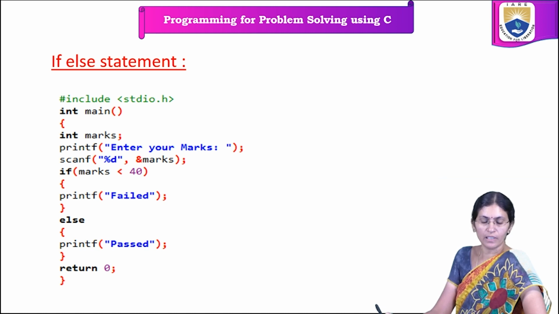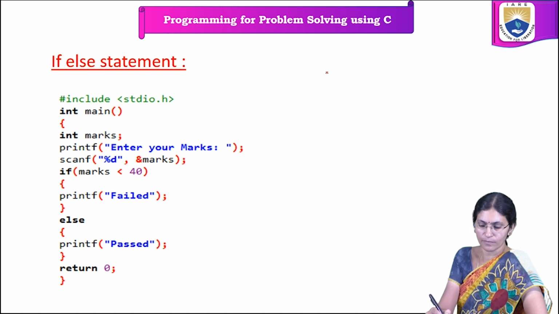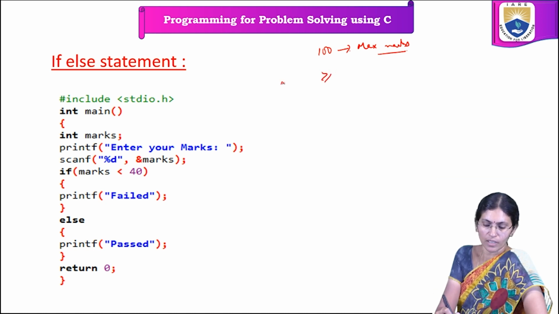The same program we'll consider here also. Suppose the maximum marks for any subject is 100, and in order to pass, a student has to get marks greater than or equal to 40.